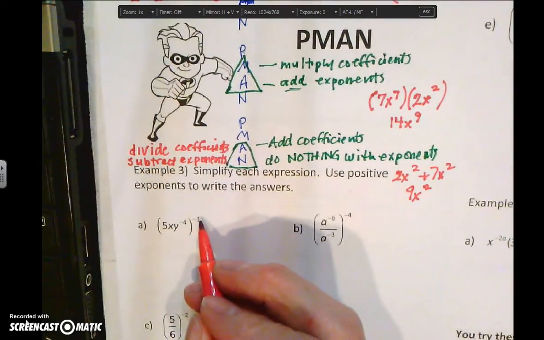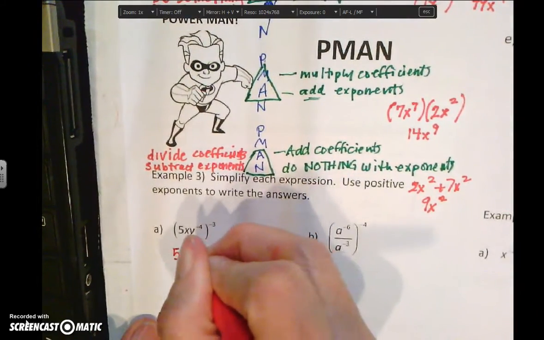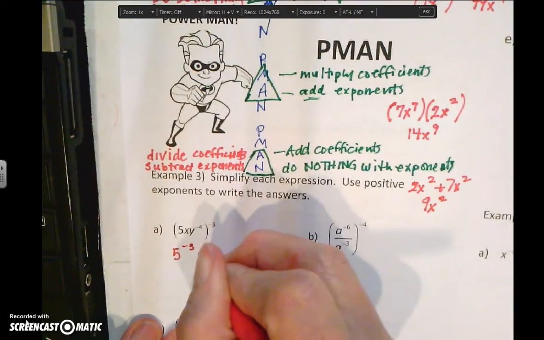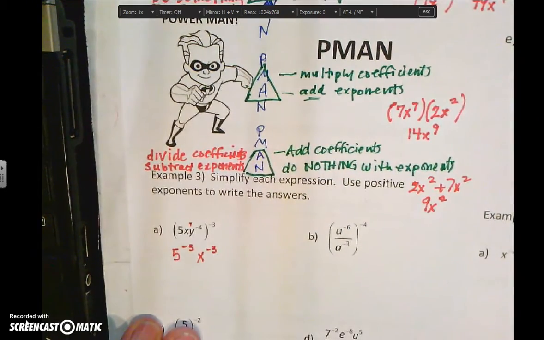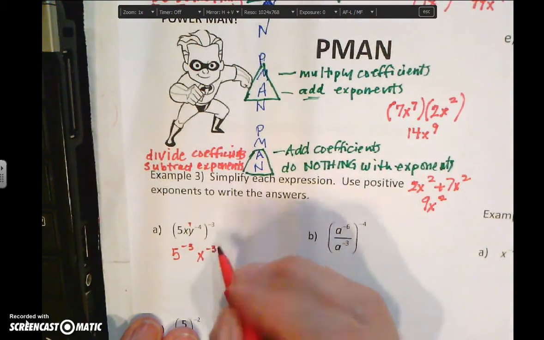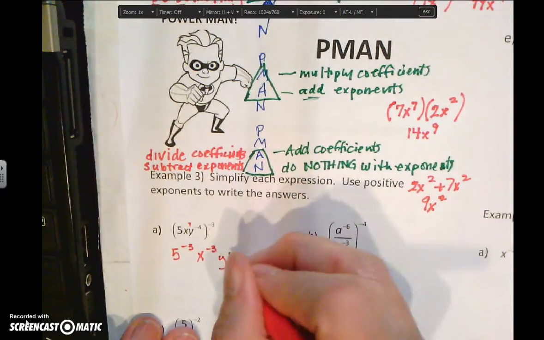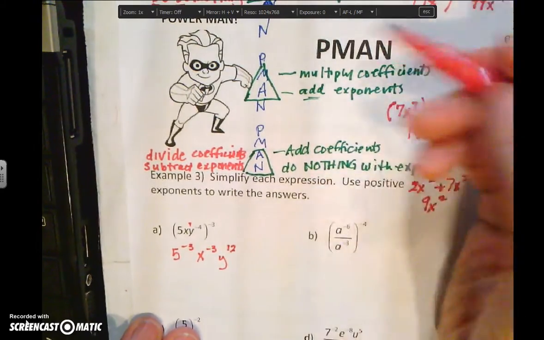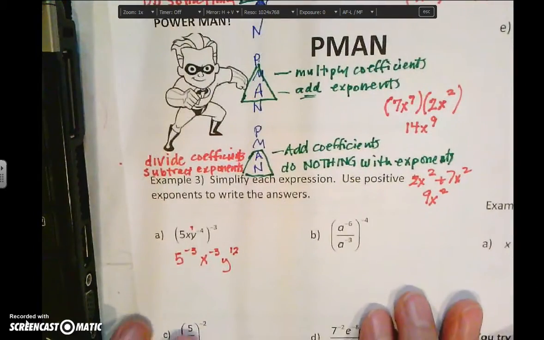5xy to the negative 4, raised to the negative third. So I'm going to come in and just raise every piece of this to the negative third power. So x to the negative third. So that's understood 1 right there. So that's 1 times negative 3 is negative 3. And then y, negative 4 times negative 3 is 12. So whenever I have a power, I'm going to multiply those exponents.